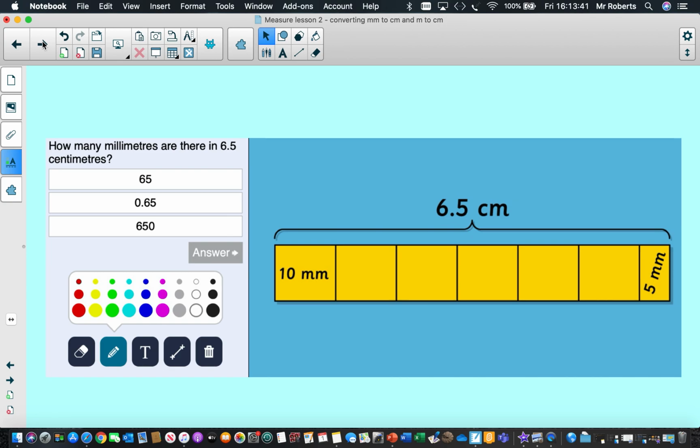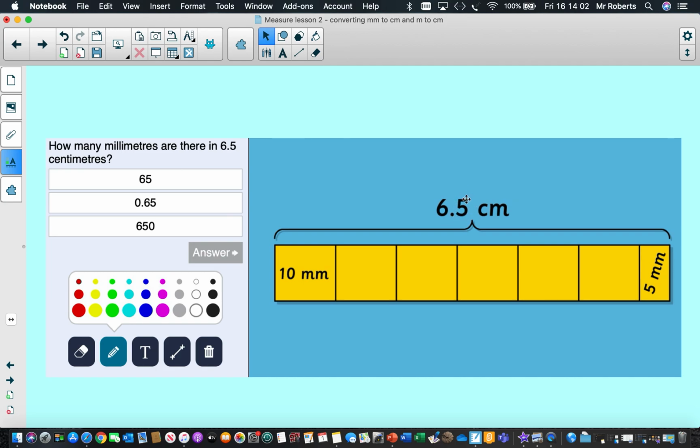If we start by looking at our bar model, we can see across the top we've got our 6.5 centimetres and we're using the bar model to make it in millimetres.